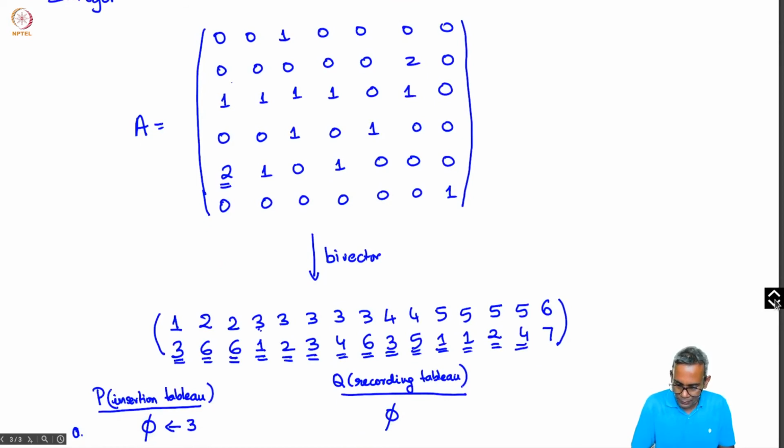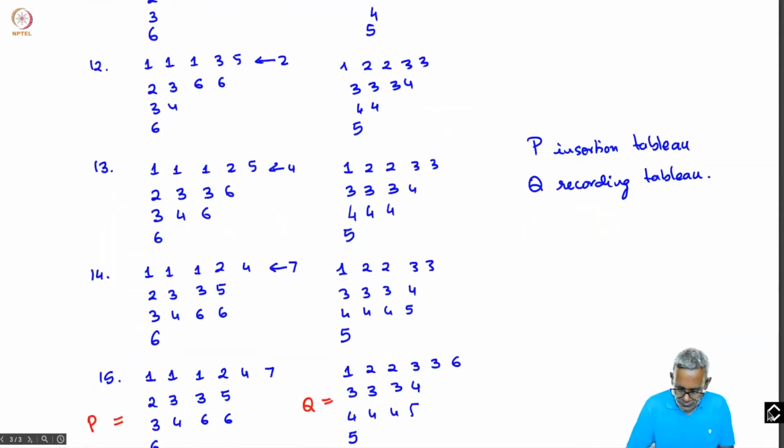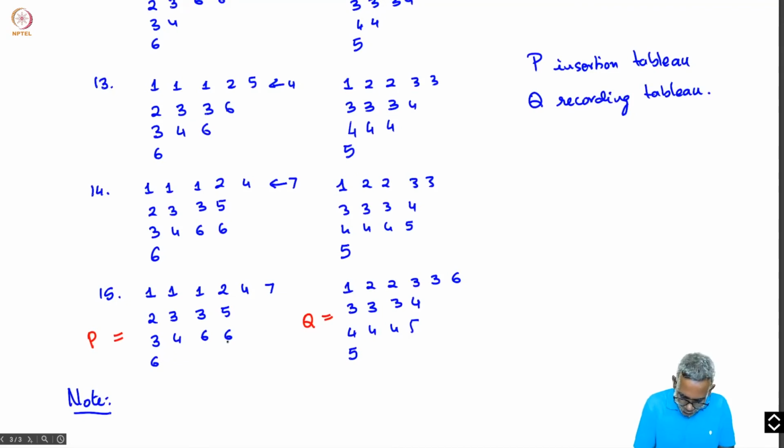For example, the sixth column of this matrix has sum 3, and the number of times you see 6 in the second row of the two-line array is also 3: 1, 2, and 3. There are three 6s, so there'll be three times that we're inserting 6, and indeed you see that there are three 6s in the P tableau.